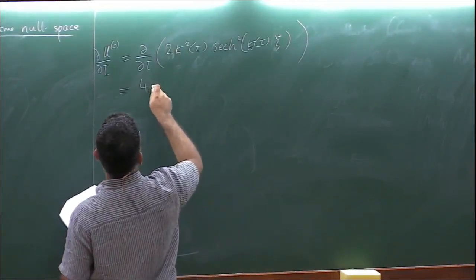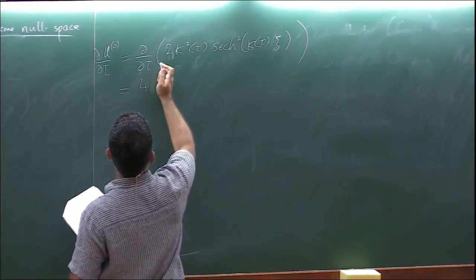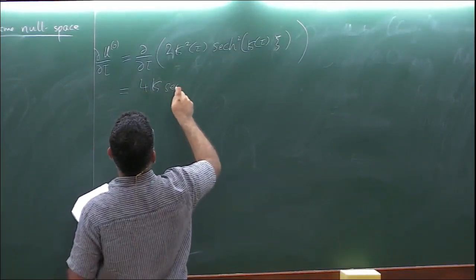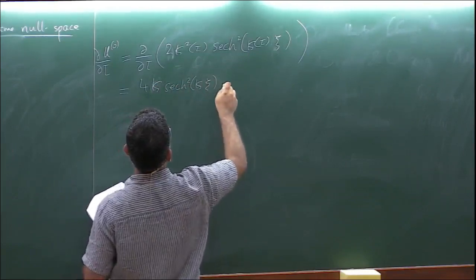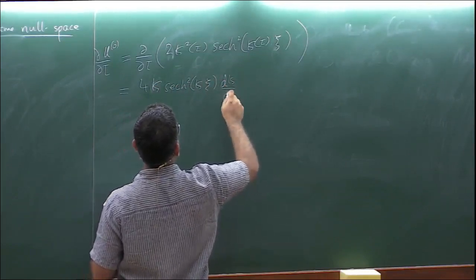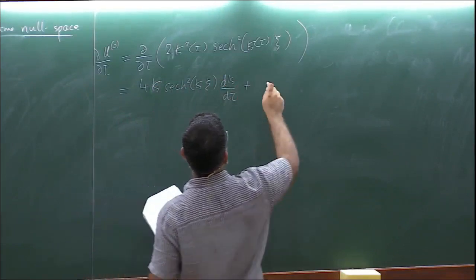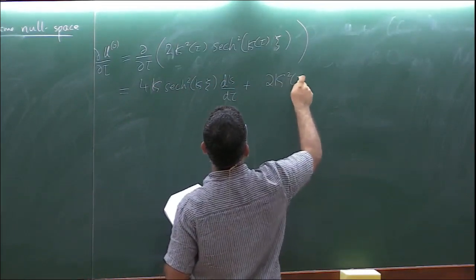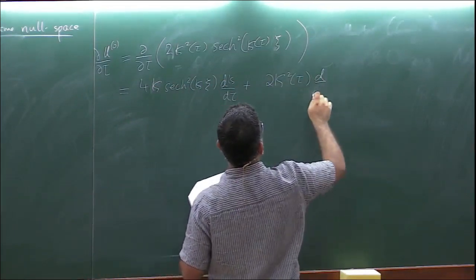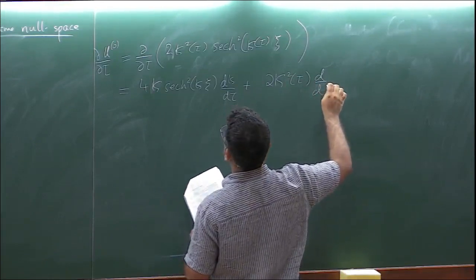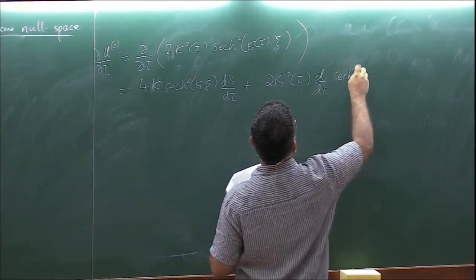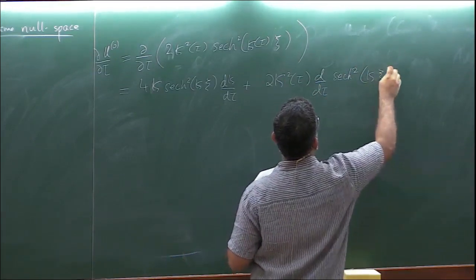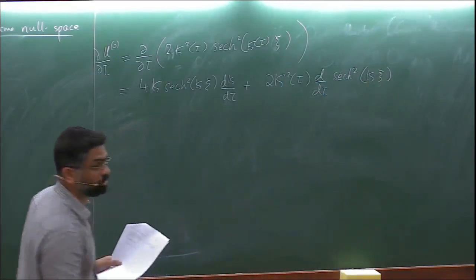Right, so then this is 4 kappa sech squared kappa xi times d kappa d tau plus 2 kappa squared d/d tau of sech squared kappa xi. That's just product rule.